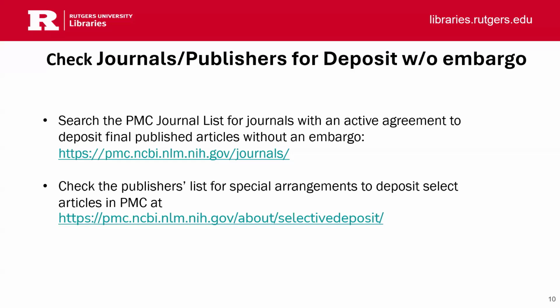You either submit the electronic version of the author accepted manuscript to PubMed Central upon acceptance for publication, for public availability without embargo upon the official date of publication. Another way is to have the final published article submitted to PMC by a journal or publisher with formal agreements with the National Library of Medicine, upon the official date of publication for public availability without embargo. So without embargo is the key.